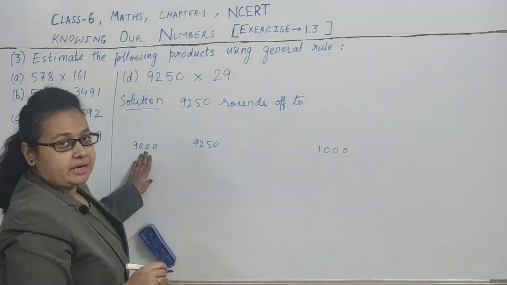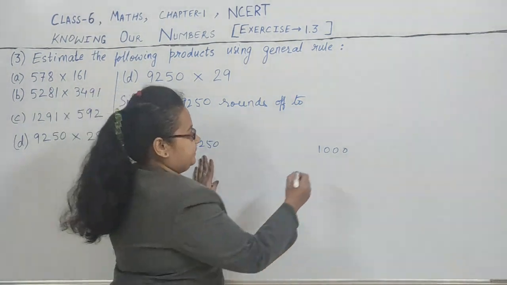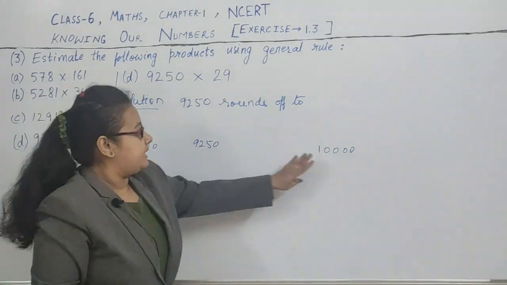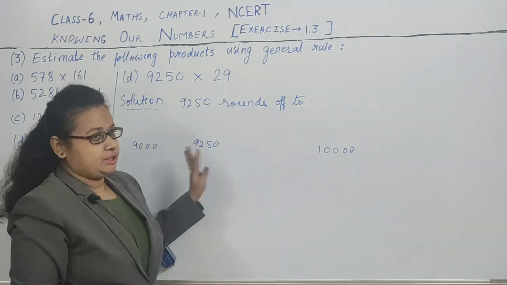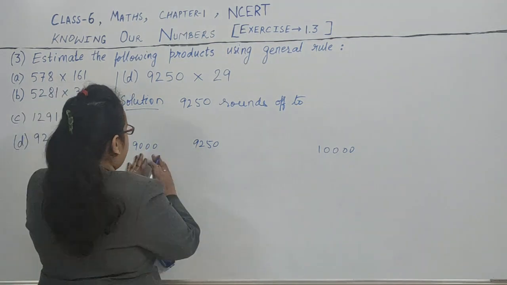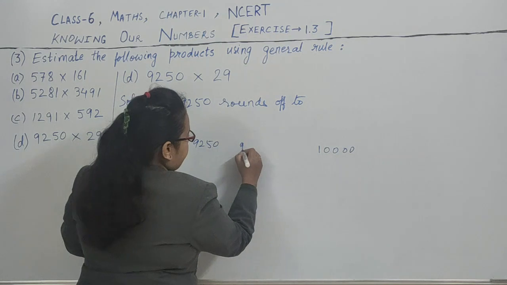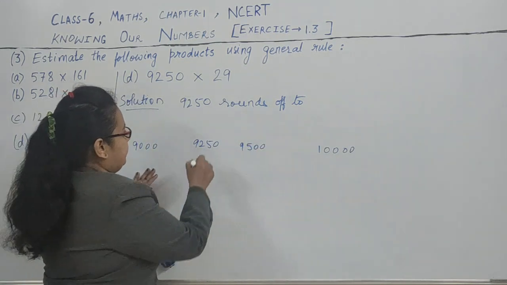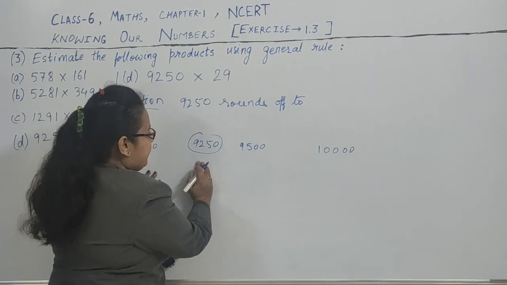What is the middle number between 9,000 and 10,000? The middle number is 9,500. And this number is smaller than the middle number.